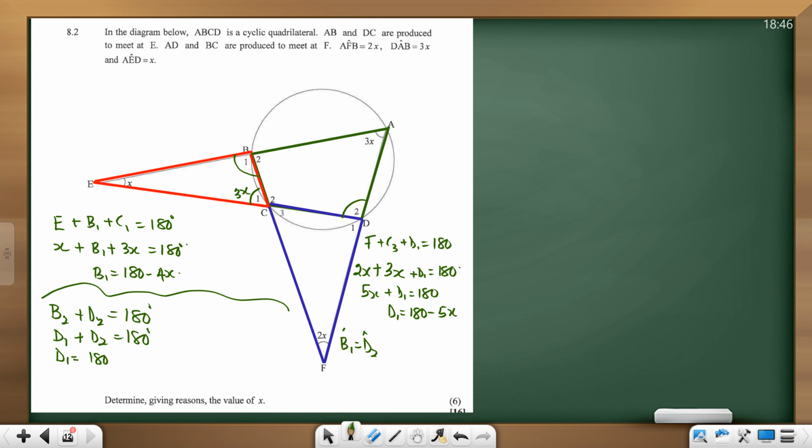Is that fine? Yes, sir. No, B2, sir. Then I said B1 plus D1 is equal to 180 because B2 is also equal to D1. B2, hold on, B2 is D1, right? Yes. Okay, these two are equal. Then you said what? Let me clean this one.